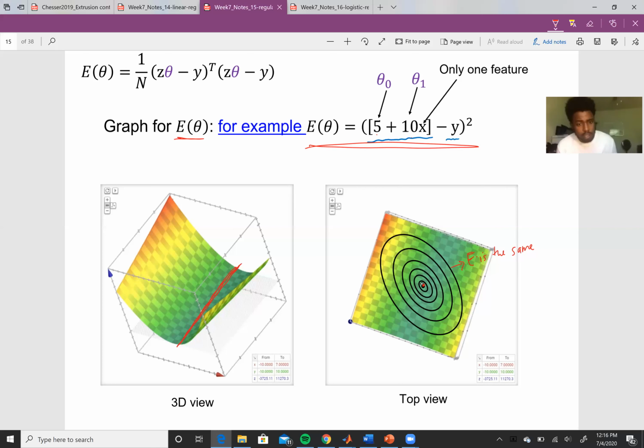I guess the red line on the left makes sense to me because that's all the same color. The black lines on the right don't make sense to me because they're along different colors. Yeah, so it's the top view of this entire thing, right? You can imagine these as slices of this 3D shape, where if you take this function, and at each point on that line you take the x coordinate and the y coordinate and plug them into this function, you'll get the same error at each point on that line.